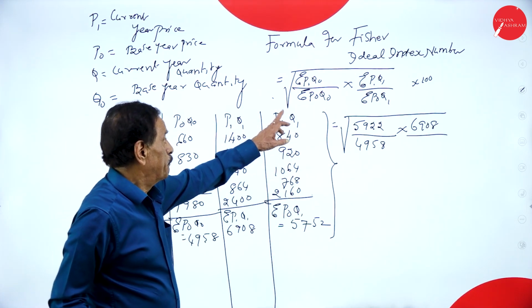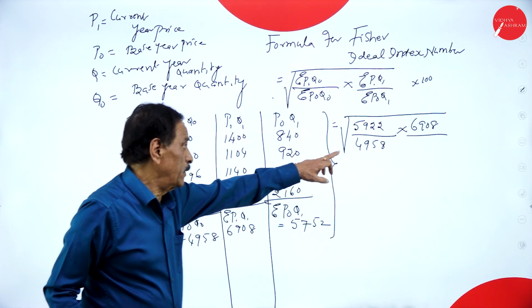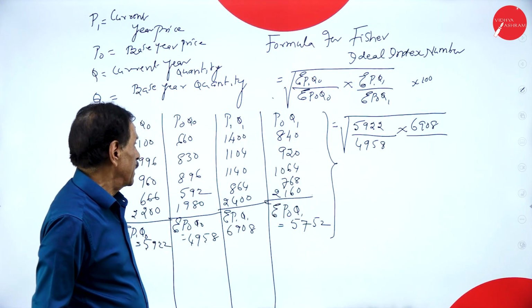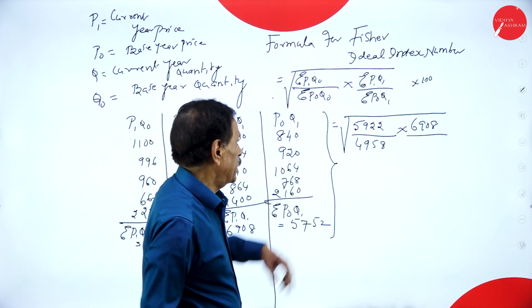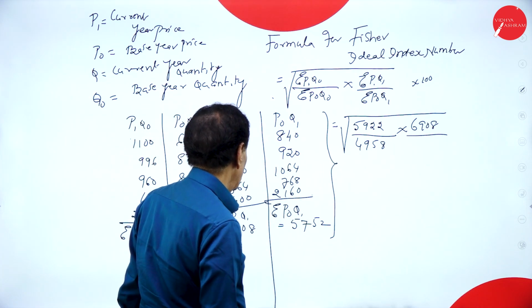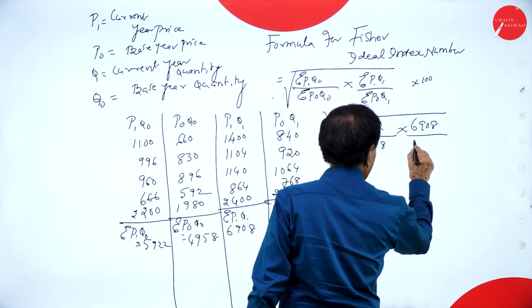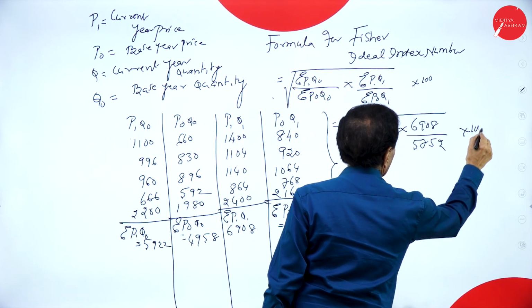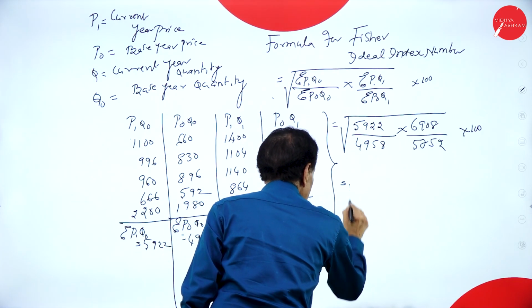Formula: P1 Q0 5922, P0 Q0 4958, P1 Q1 6908, P0 Q1 5752, into 100 outside the root. Simplify this.